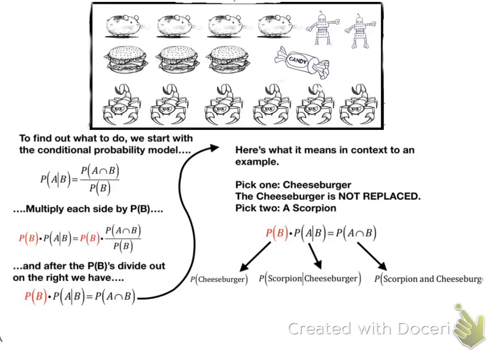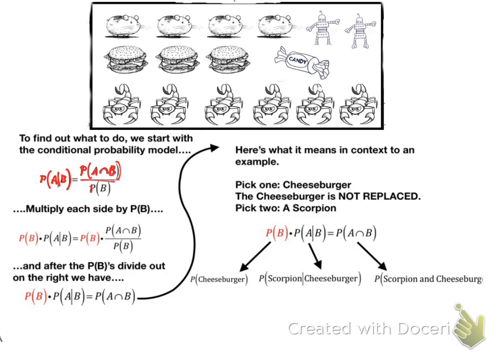This kind of shows us the equation that's going to come with it. To find out what to do, we start with the conditional probability model. This is the probability of A given B, and we did this before, so we're just going to be doing some algebra here.